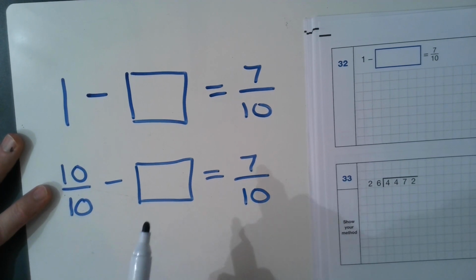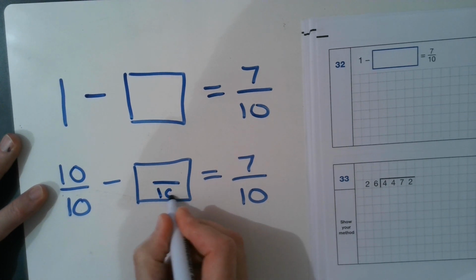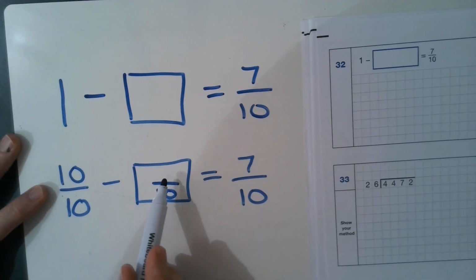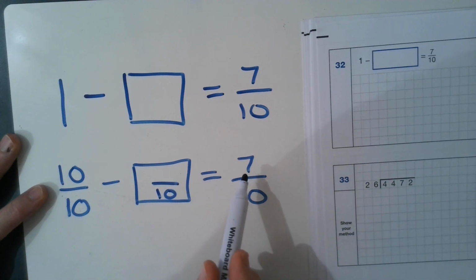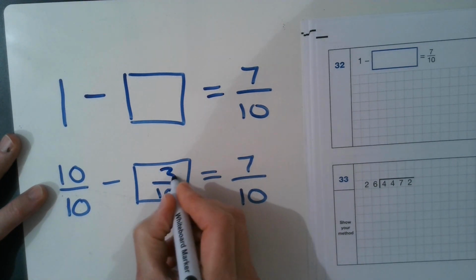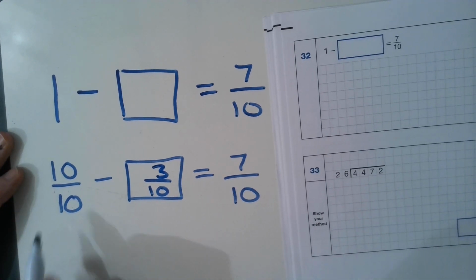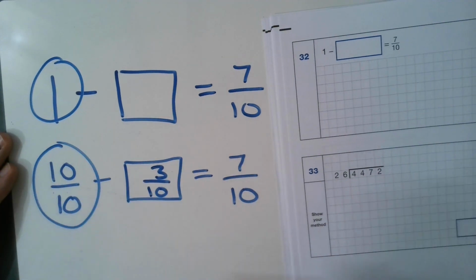So we're talking about tenths in this question. So 10/10 take away something. We have to work out the value of that numerator. So 10 take away something equals 7. So that's 3. So your answer would be 3/10. The key to understanding this question is actually being able to change that into that.